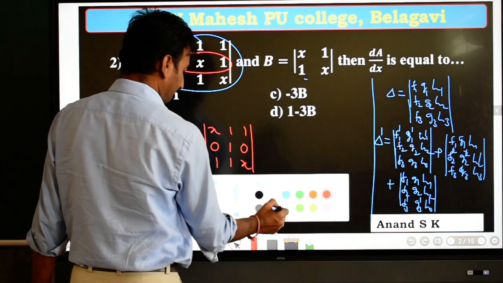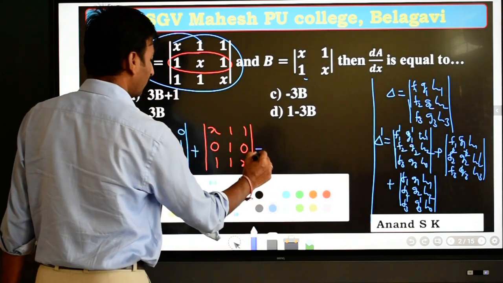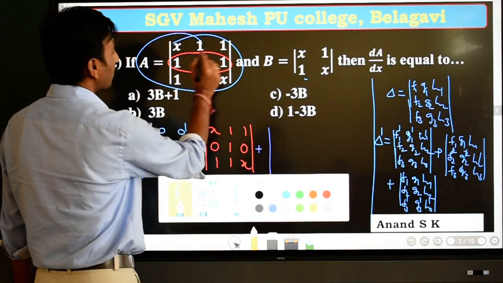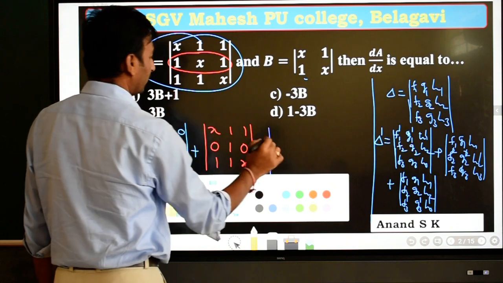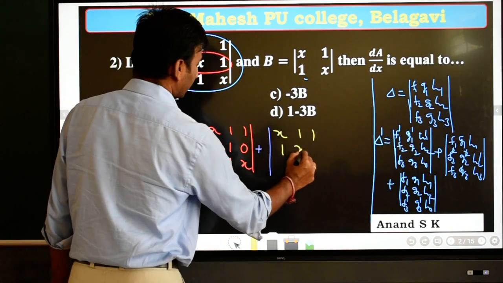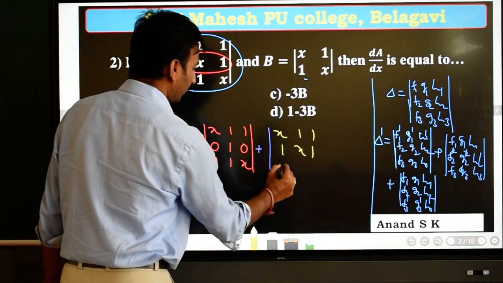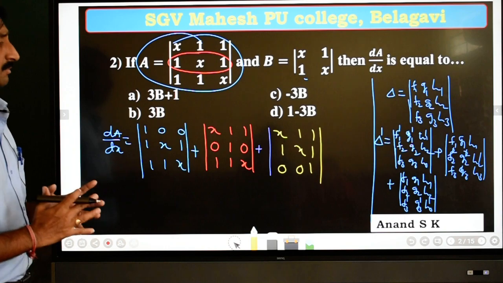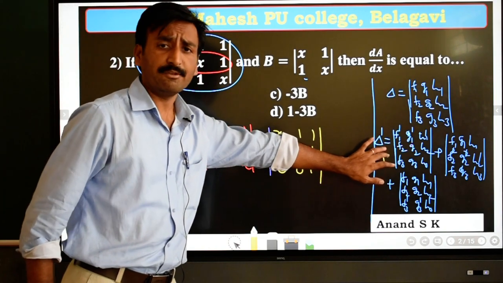Then finally you have one more: first row and second row no change, only the third row changes, 1, x, 1, and this is 0, 0, 1. So you have expanded this by the rule of determinant differentiation.